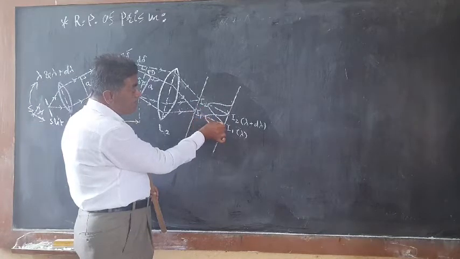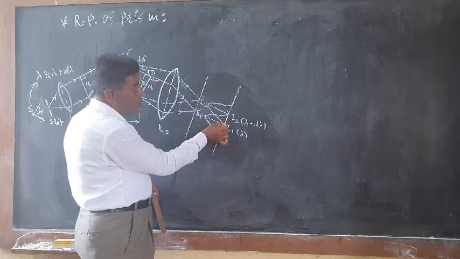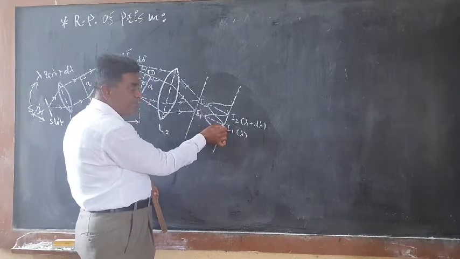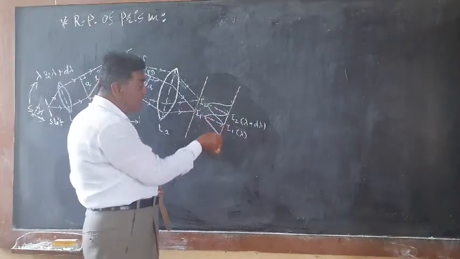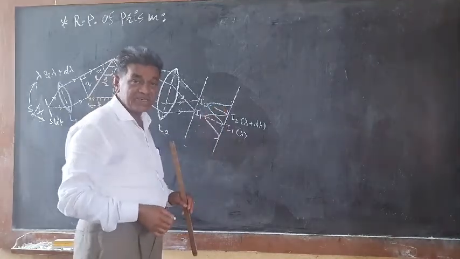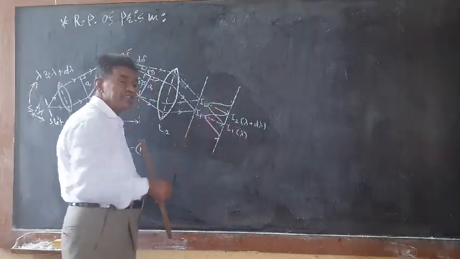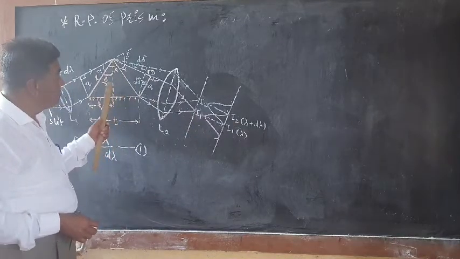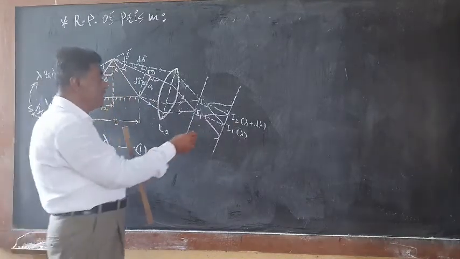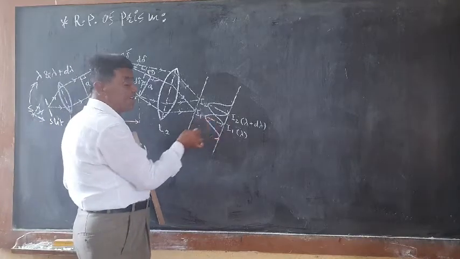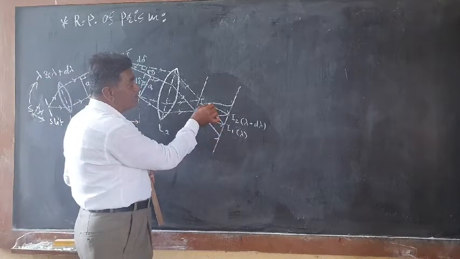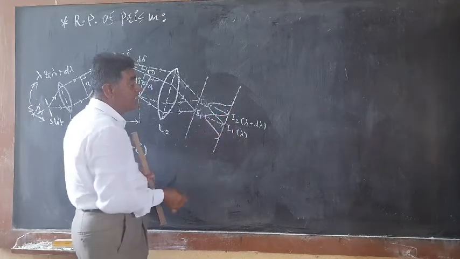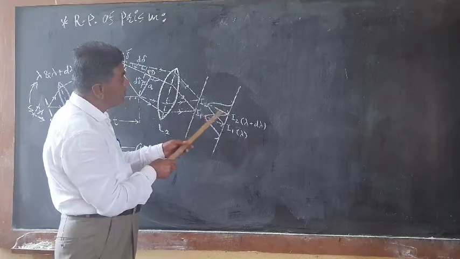When the principal maximum of one diffraction pattern falls over the first secondary minimum of the other, the two spectral lines are said to be just resolved.